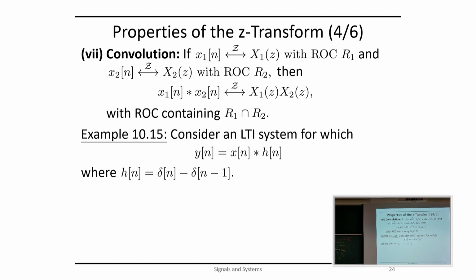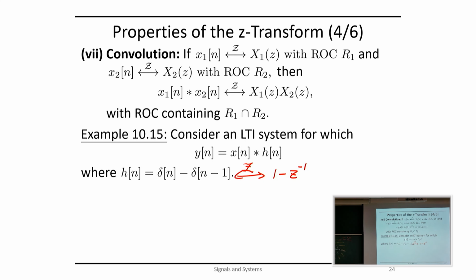So we can look at this simple example here. Suppose the impulse response is just the summation of these two delta functions. In this case, we know that the z transform of this is just 1 minus z to the minus 1. The z transform of delta is just 1, and the z transform of delta delayed by 1 is just z to the minus 1.